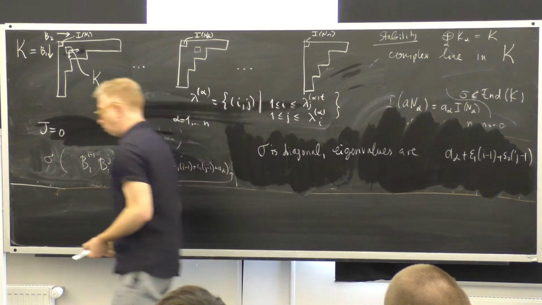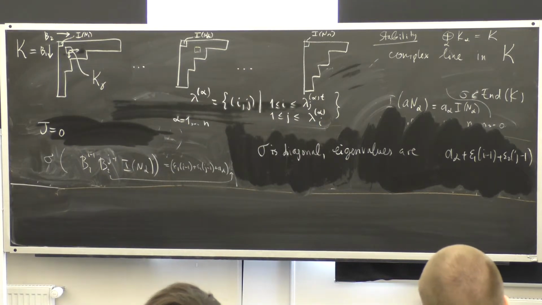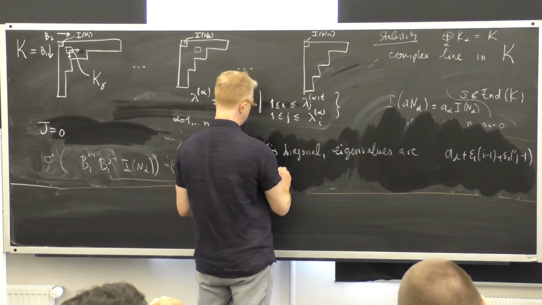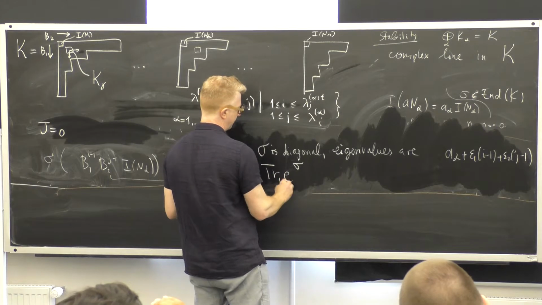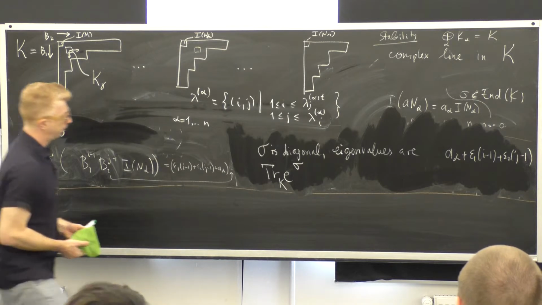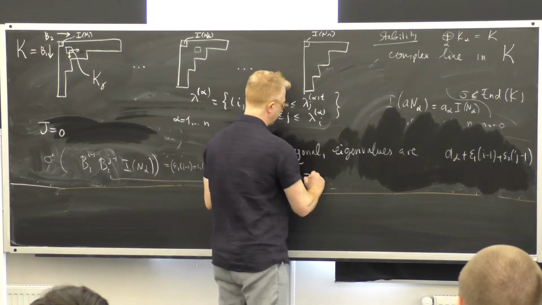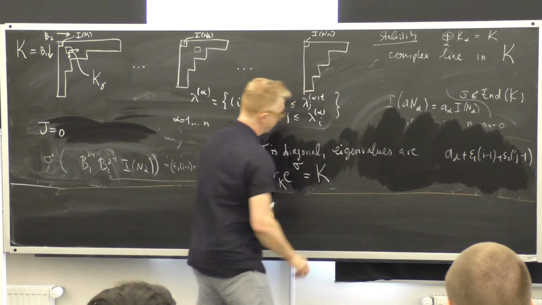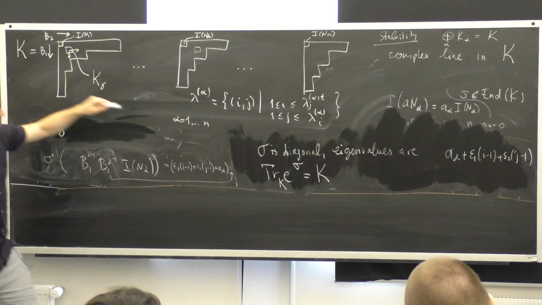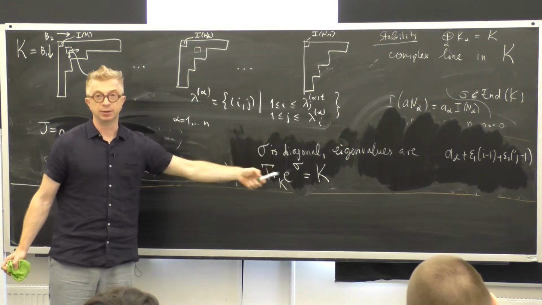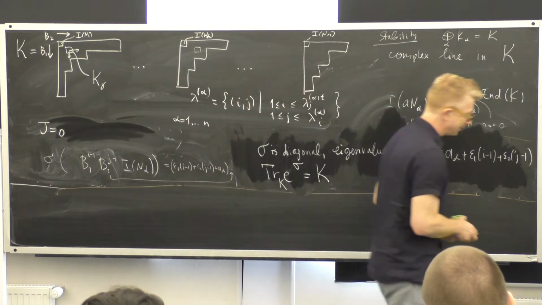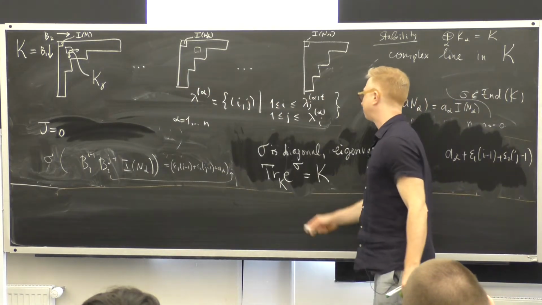Now, in all calculations which we are going to do, the character of the exponential of sigma, so trace of exponential of sigma in the space K, pops up. So I will denote it, unfortunately for you, by the same letter K. So K stands for the vector space, but now I replace it by its character. There are so many letters, so I have to optimize.